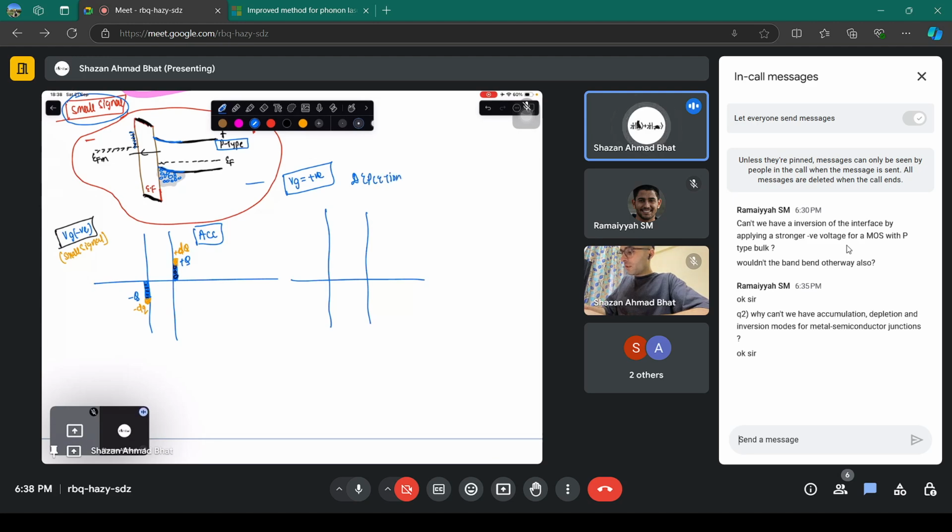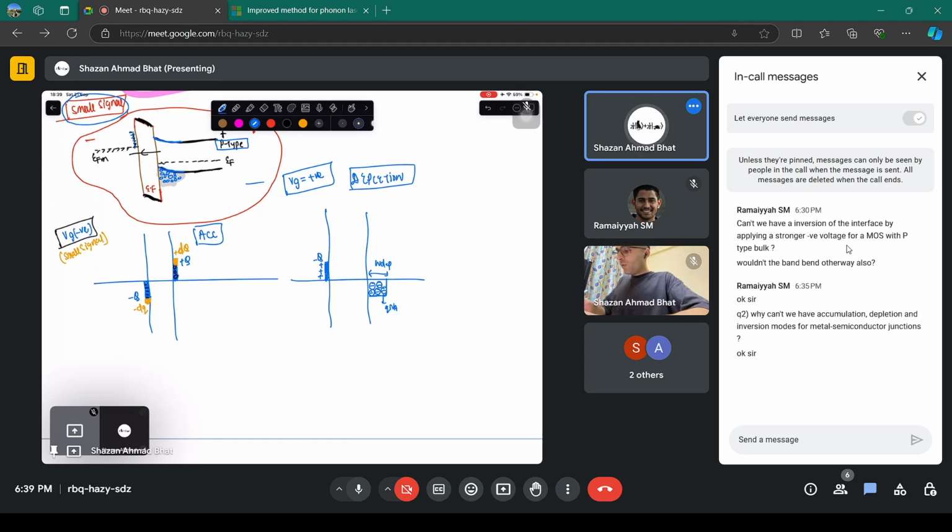In depletion, you have positive charges on the metal side, plus Q. And you have the depletion charges here, which take up some space, uniformly distributed, and this is called the depletion width, W. These are negative immobile ions, equal and opposite to what is on the metal, so these are Q times Na.